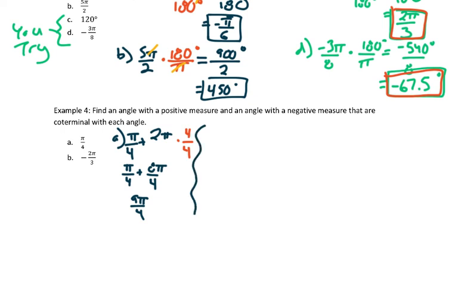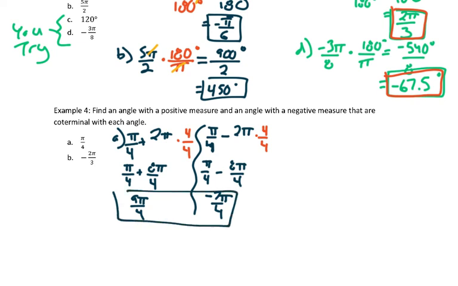To get the negative one, I'm going to subtract 2 pi. So I'll have pi over 4 minus 2 pi. Remember, we need a common denominator, so I need to multiply this by 4 over 4. So I get pi over 4 minus 8 pi over 4, which gives me negative 7 pi over 4.